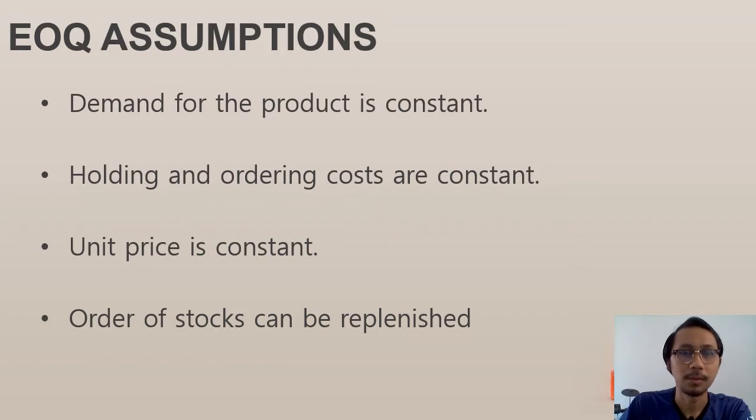Secondly, we assume that the holding costs and the ordering costs are constant. Then, we also assume that the unit price of the material is constant. And the last assumption, we assume that the order of stocks can be replenished anytime. Now, let's move to the next slide.